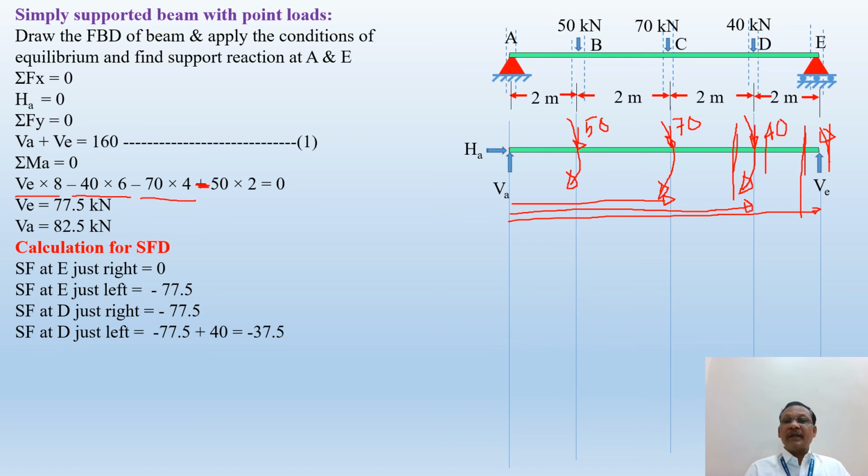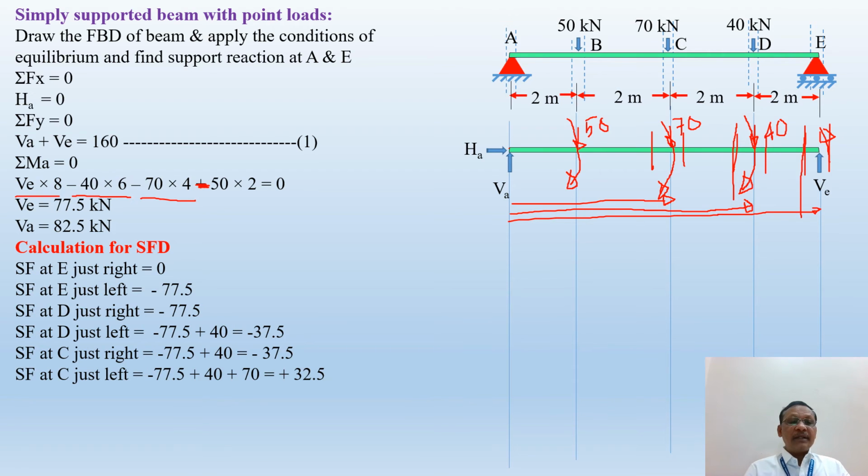Similarly, we can take the section at C and B. If you are taking a section at C, then shear force at C, just right of the section, two forces are acting, VE and 40. One is vertically upward, one is vertically downward. So VE vertically upward is taken as a negative, downward is taken as a positive. Here I have written shear force at C, just right, is minus 77.5 plus 40 is equal to minus 37.5.